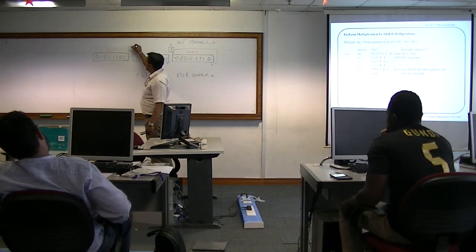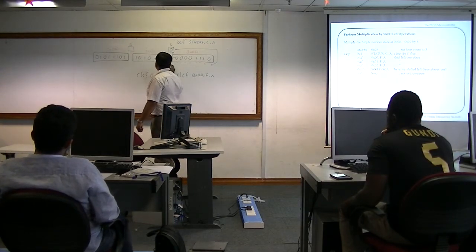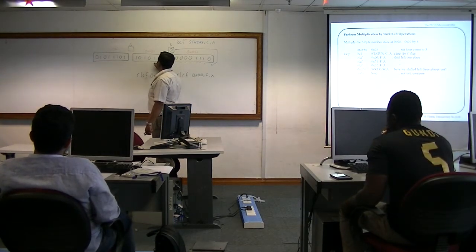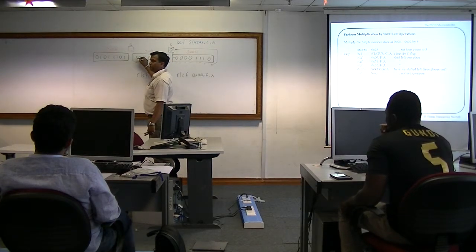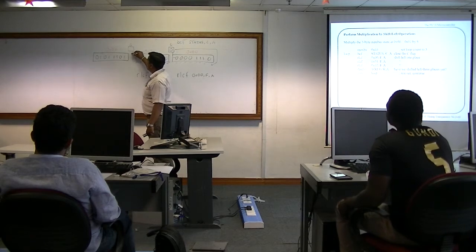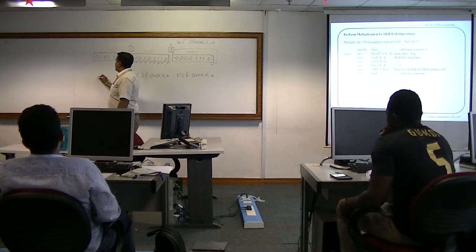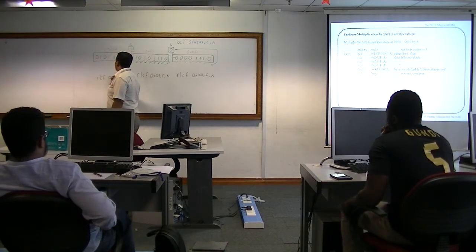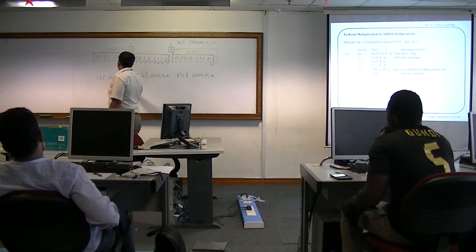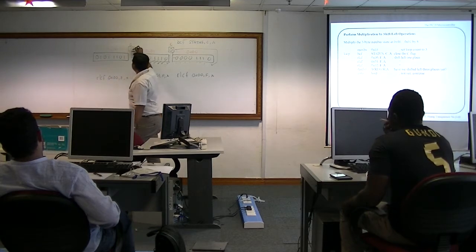So likewise here also we will have carry. Everything will be pushed by 1, and this one will push into carry. And then here when you perform rotate left through carry, what happens?